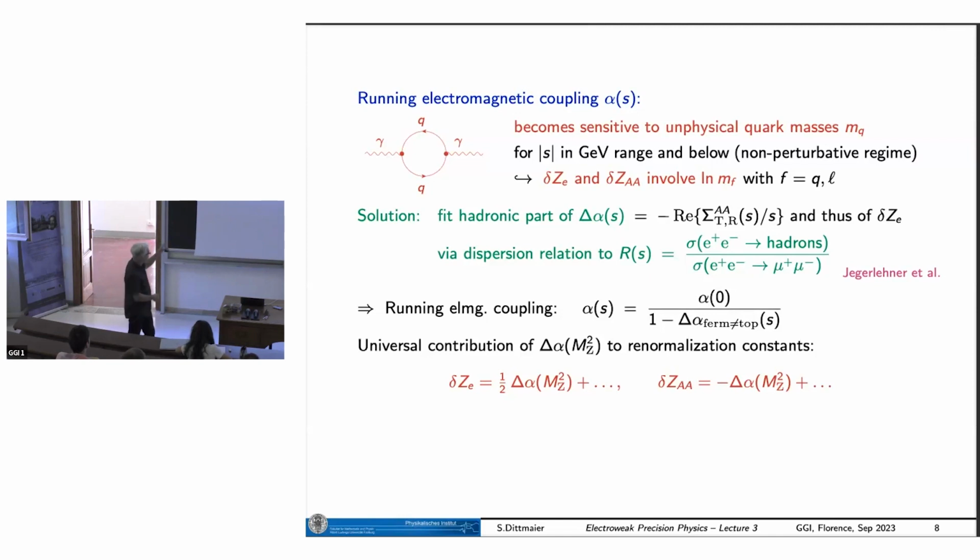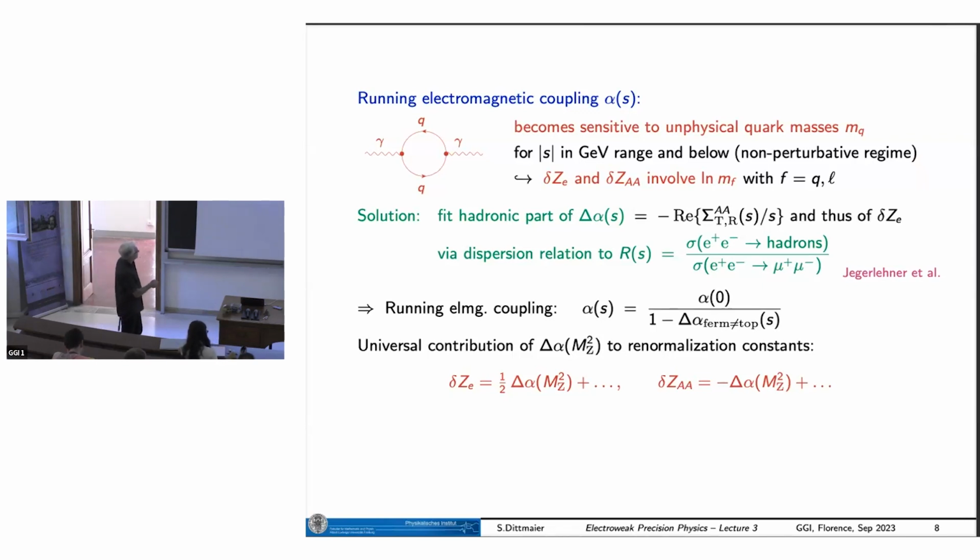So if you just calculate delta Z_e, you end up either with divergences if you use massless quarks, divergences that are not so easy to control, or if you take quark masses, you see a sensitivity to light quark masses. And I told you already, whenever this appears, you should get alarmed, because that's the sign that you have non-perturbative corrections in there that you don't control so easily.